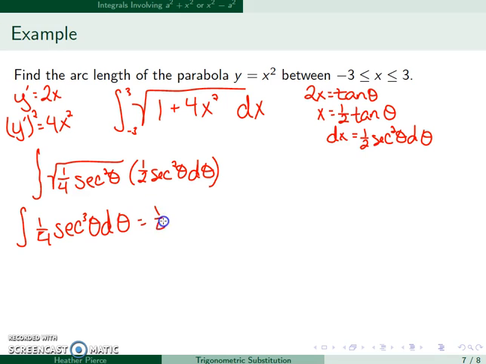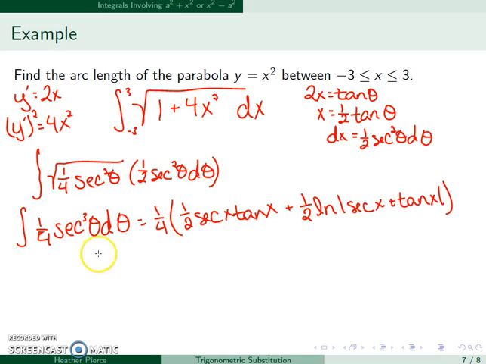Using the reduction formulas, this is going to simplify to 1/2 secant tangent plus 1/2 times the integral of secant, which is ln secant x plus tangent x.